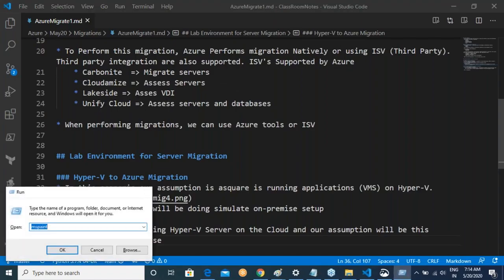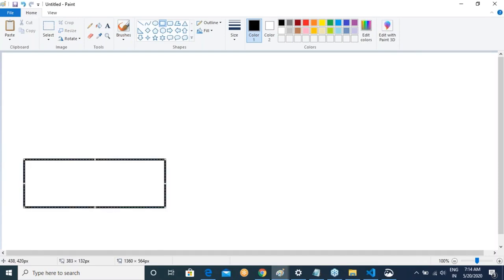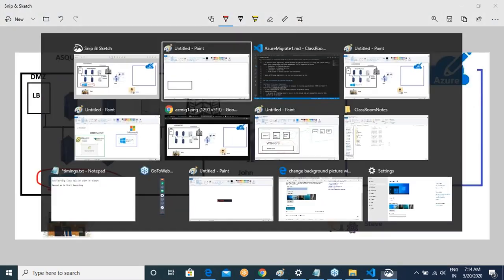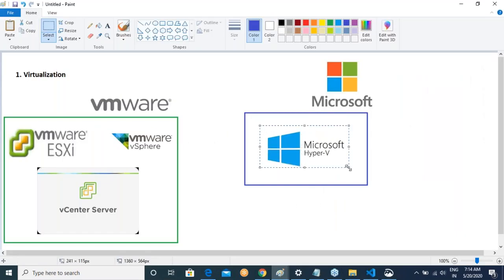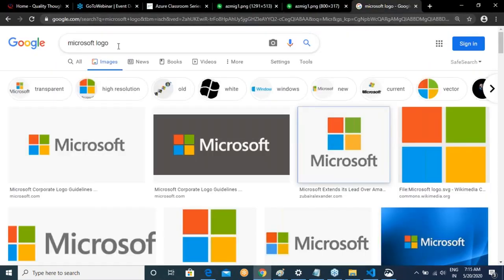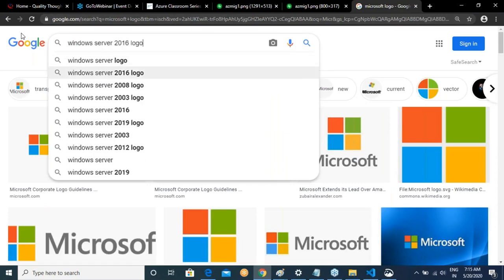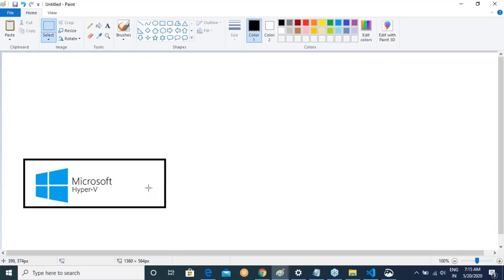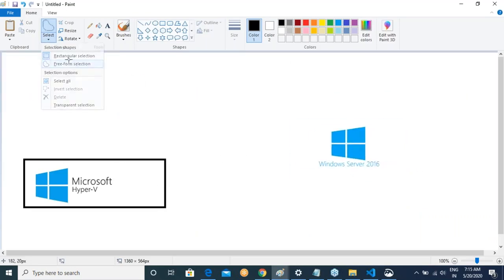So what will our migration look like now? Let me draw a new image. We will take a server, and on this server I'll have Microsoft Hyper-V enabled Windows Server, let us take 2016.